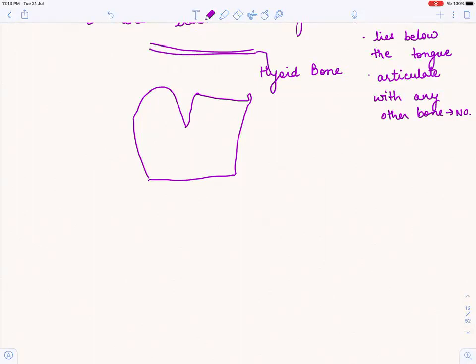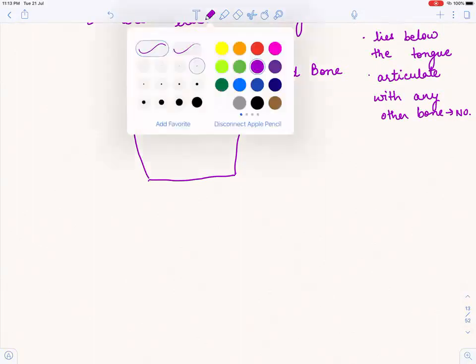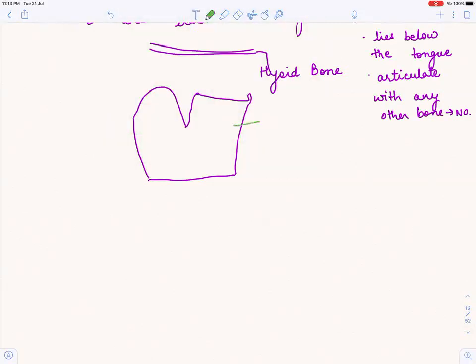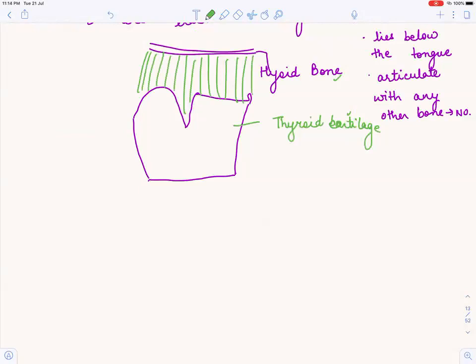Now this hyoid bone has to be attached with the thyroid cartilage. Sorry, not bone, cartilage. So how will it be attached? It is attached with a membrane. What is attached? Thyroid cartilage and hyoid bone.